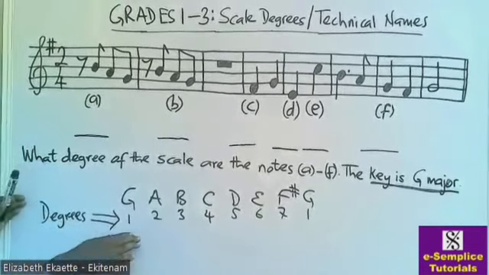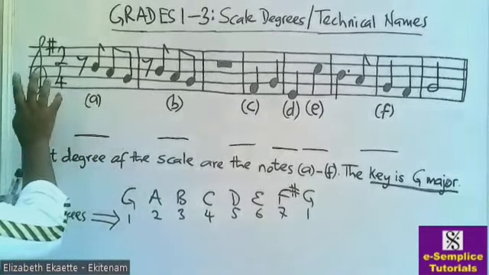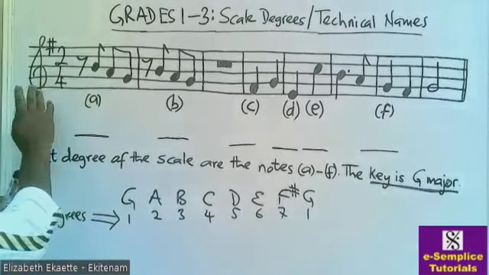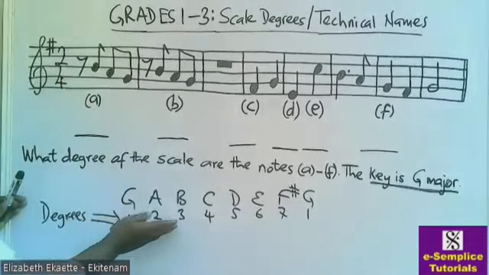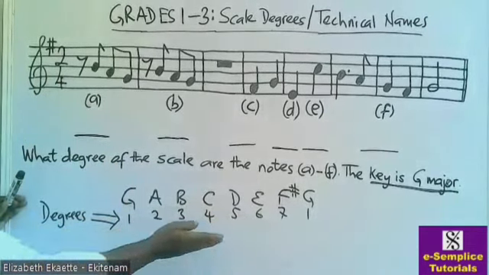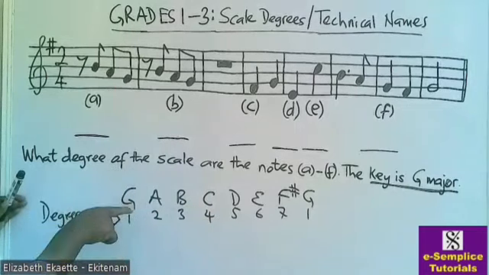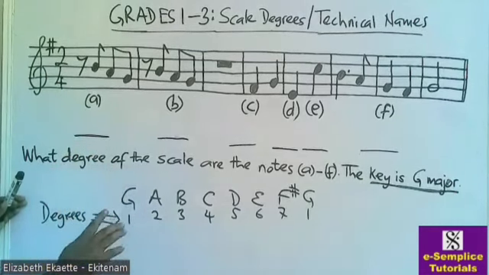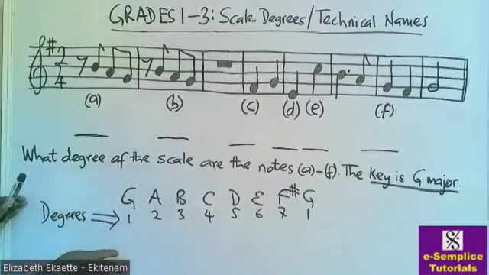So all you need to do is go back to the question, read a note, that is the letter name of the note, come to the G major scale and write the number that is under it, because the number of that note is the degree of that note. Now, let's start.